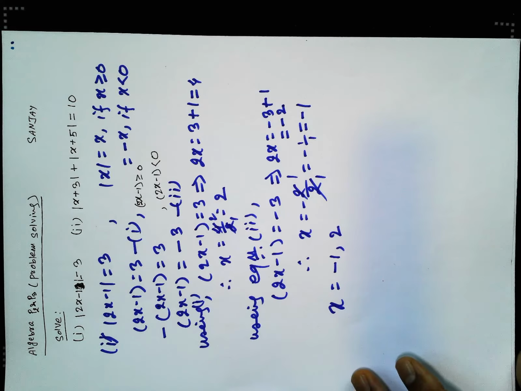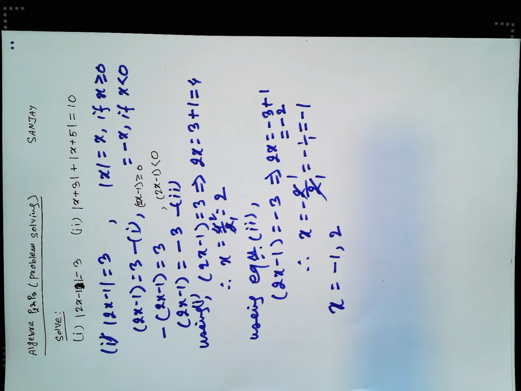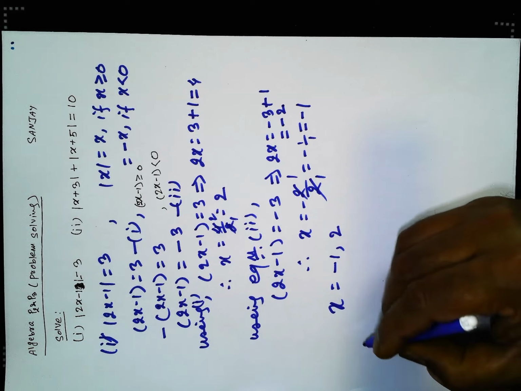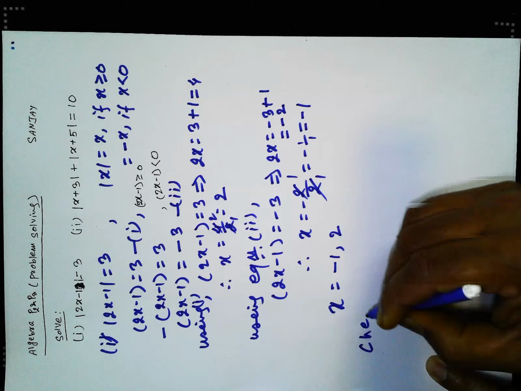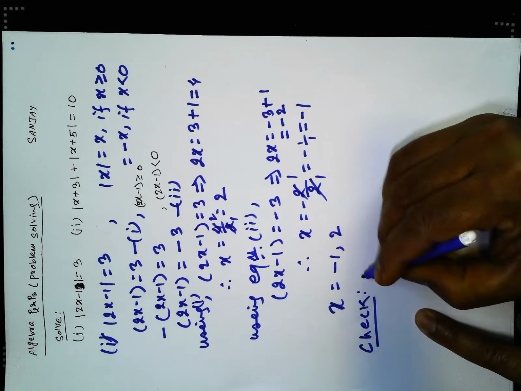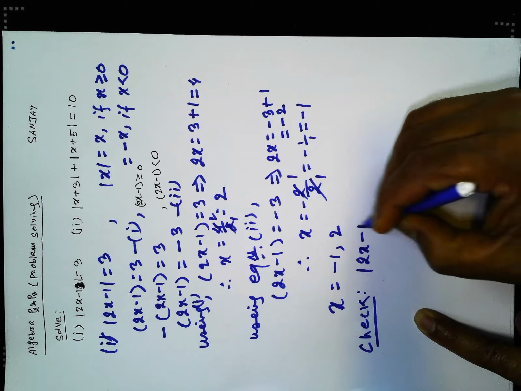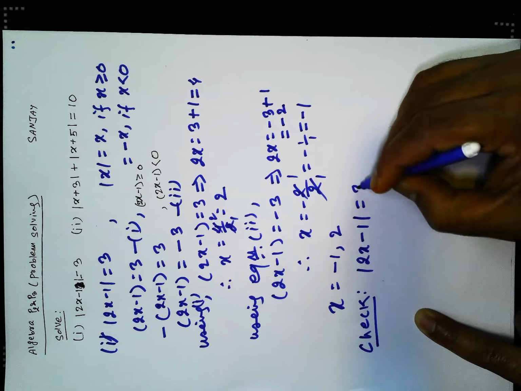So far we are not sure whether minus 1 and 2 are going to be solutions of the equation unless you verify it. So in order to verify, we have to check. Here the left hand side is |2x minus 1| equals 3.